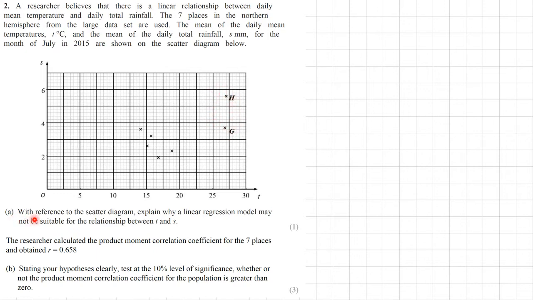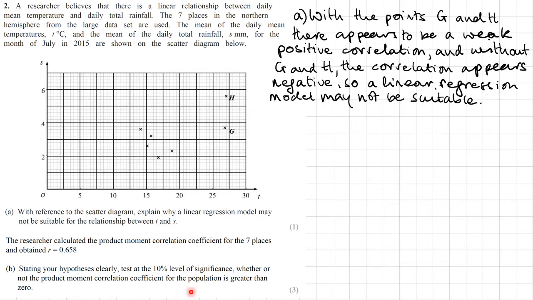Anyway, part A. With reference to the scatter diagram, explain why a linear regression model may not be suitable for the relationship between T and S. So my answer is basically going to be what I was just talking about before. With the points G and H, there appears to be a weak positive correlation, and without G and H, the correlation appears to be negative, so a linear regression model may not be suitable.